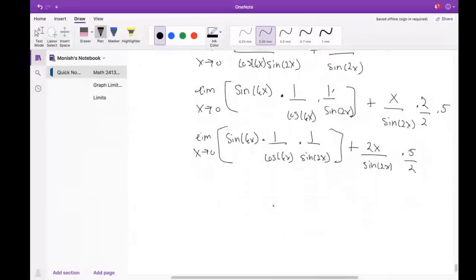Multiply by x over x to get sine 6x over x, and then x over sine of 2x.